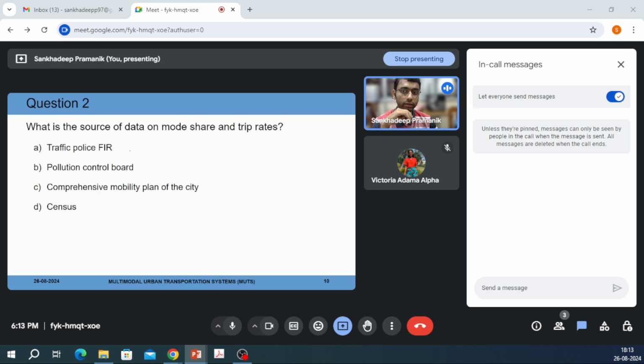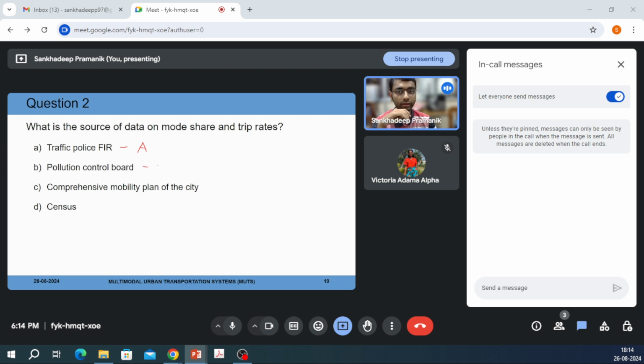So generally, to assess any situation, we need data, and for that, generally traffic police FIRs contain accident data. Pollution control board generally collects air quality data or data related to the environment.